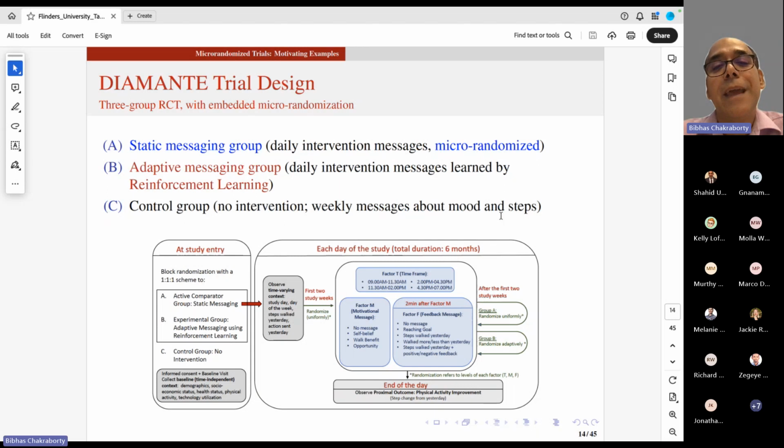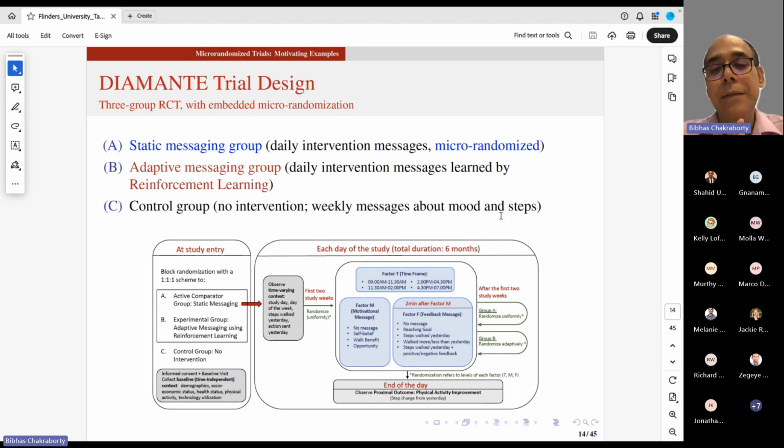Again, they get daily intervention messages, but it's not just pure micro-randomization. They are adaptively micro-randomized, or learned by the reinforcement learning algorithm. So there are three arms. At the macro level, it's a three-group RCT.